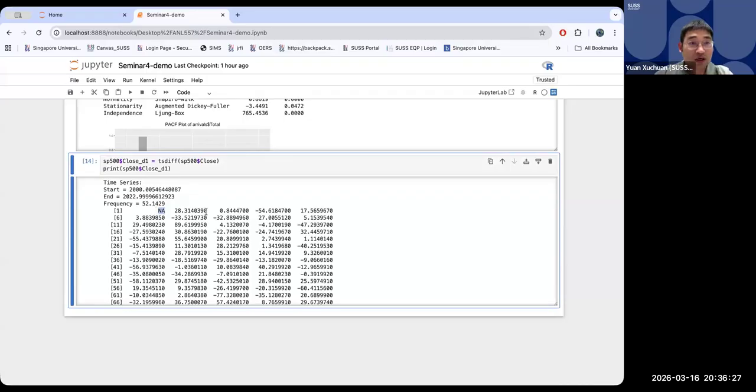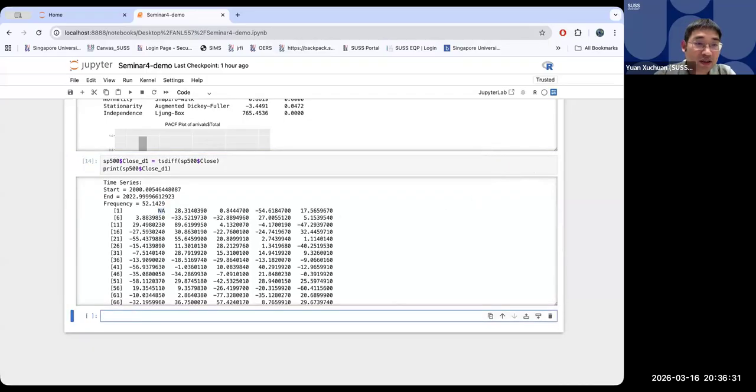And we also can create a log transformation, SP500 log close. Just use log of SP500 close.